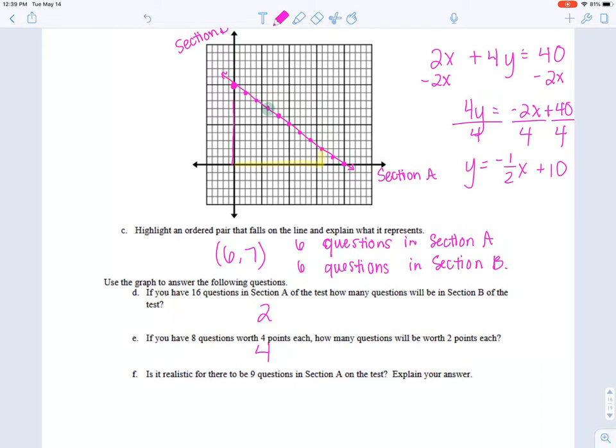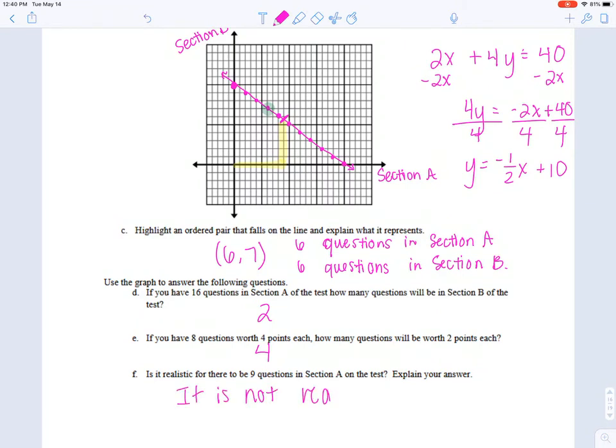Is it realistic for there to be 9 questions in section A on the test? Well, let's look. If we go over to 9, that would be right here. And if I follow it up, okay. So you see how the point of intersection that they're talking about is right here. That is not going to be a full question on section B, so that would not make sense, okay?